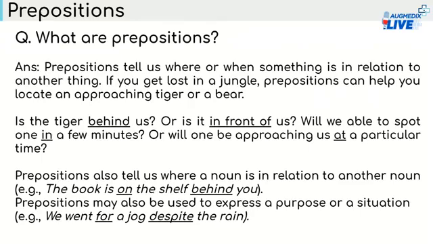So you come up and you ask your friend, where is the book I lent you yesterday? So your friend replies, the book is on the shelf behind you. So it's on a shelf and the shelf is behind you, you see? So with the help of the prepositions on and behind, you are able to locate the book.